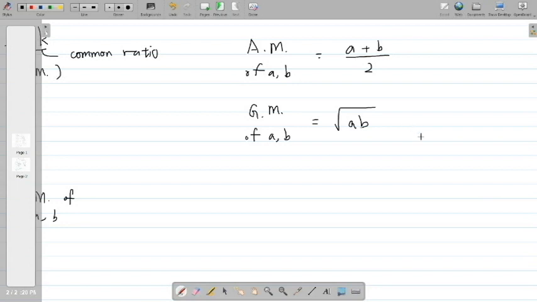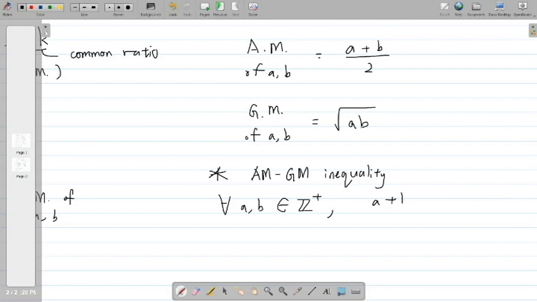Now, there's a very famous result, which I'm not going to prove in this video. You can go look up proofs on your own, or if you want me to make a video on it, I might make a video on it. It's known as the AM-GM inequality, the arithmetic mean, geometric mean inequality. This states that for all A and B, which are whole numbers, so positive integers, (A plus B) over 2, oh sorry, not positive integers, positive rationals, I think.